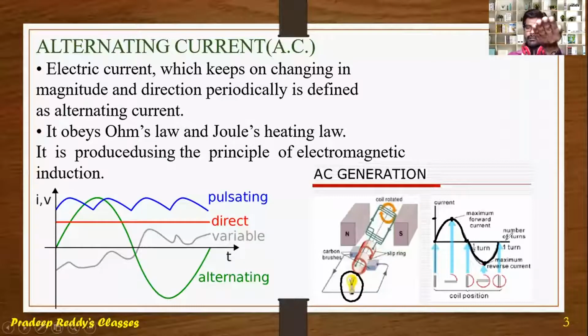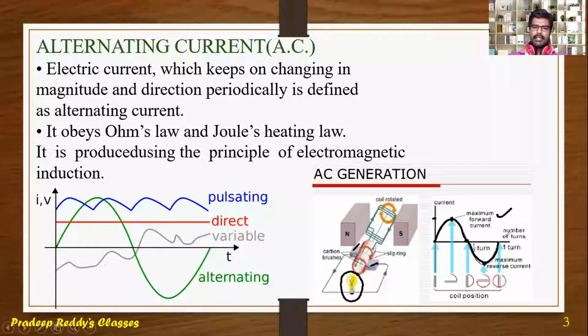Due to rotation of the coil in the external magnetic field, as the sides of the coil undergo change with respect to the carbon brushes, the EMF produced within the coil will be opposite for every quarter. As a result, a time variable alternating current is produced in the circuit. This is how AC current is generated.